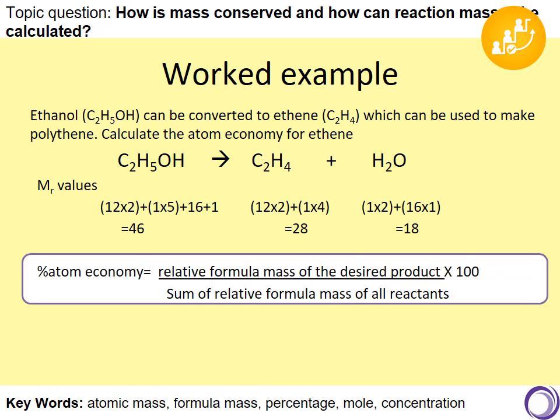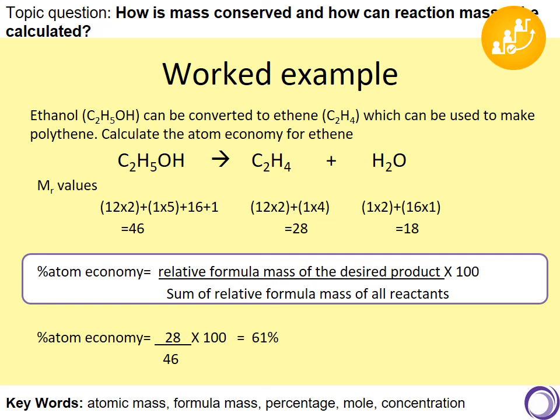The formula for percentage atom economy is the relative formula mass of the desired product divided by the sum of the relative formula mass of all the reactants, and then because it's a percentage we times it by 100. So in this case the percentage atom economy would be the relative formula mass of the desired product, which was ethene, so that's 28, divided by the relative formula mass of all the reactants.